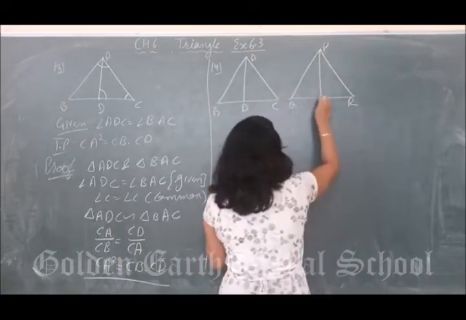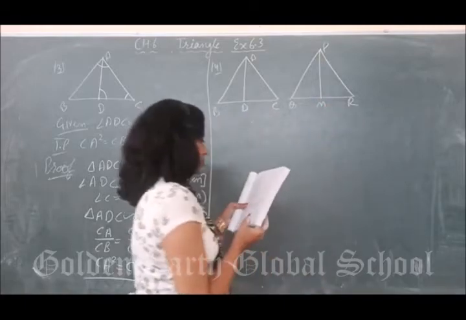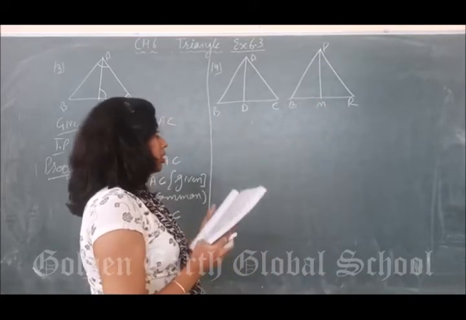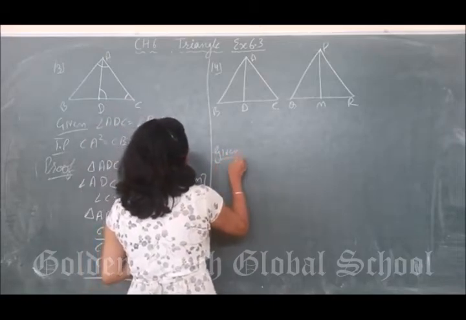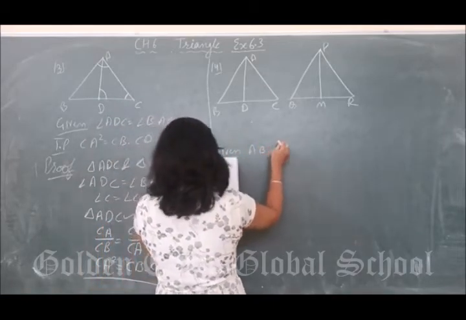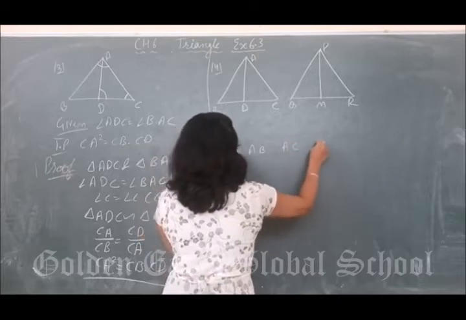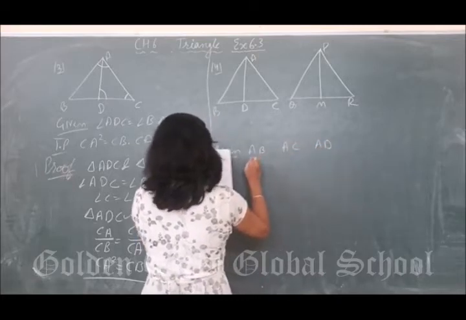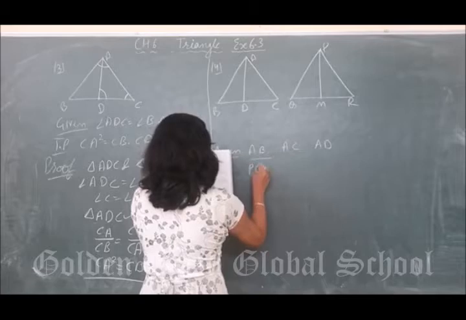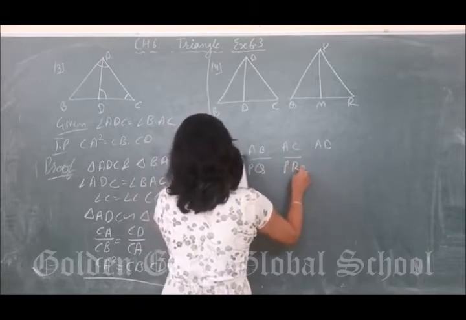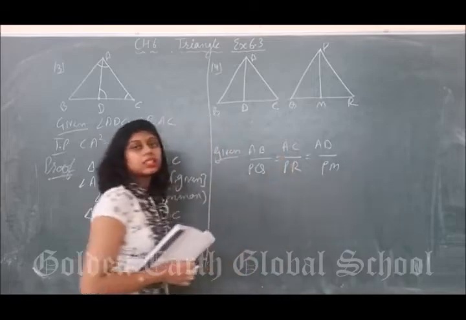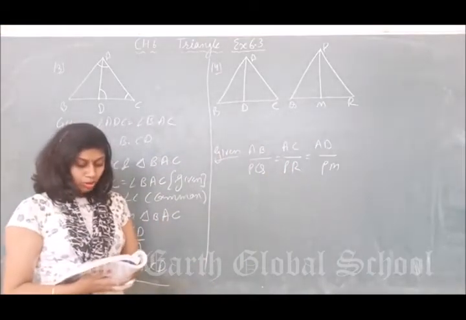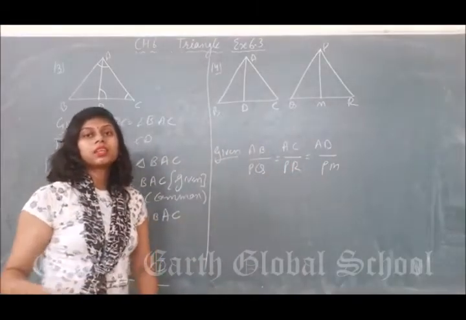PM is the median. These are proportional. So what is given? AB, AC and AD are proportional to PQ, PR and PM. This is given. We have to show again that the complete triangles are similar.